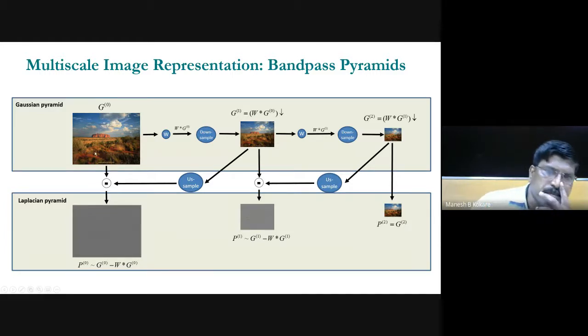Here, you have this image at level 0, and then at level 1, and at level 2, right? Now what you are doing at level 1, you got this weight, you are convolving that image with the Gaussian function, and then you are doing the alternate downsampling of rows and columns. You got the resulting image, which is nothing but the Gaussian filtered image, right? What we have done, I will repeat it again.